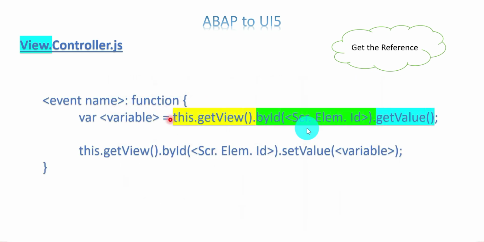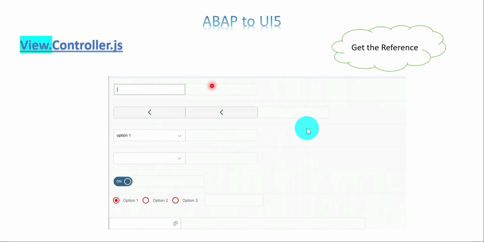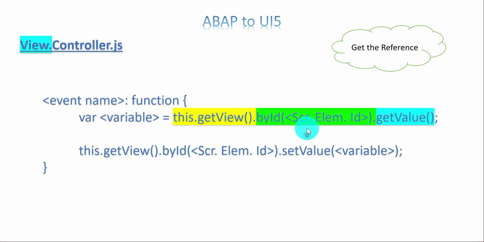So what I am going to do is again this dot getView dot byId of the screen element, maybe I can say input 2. Get the reference of input 2 because I want to write the value over there, and set the value of whatever I read here. Maybe you can also hard code it, and that will go and be placed in the screen element. So this is the basic way of getting the reference of the screen element, and using two different methods you can get and set the value of the screen element.